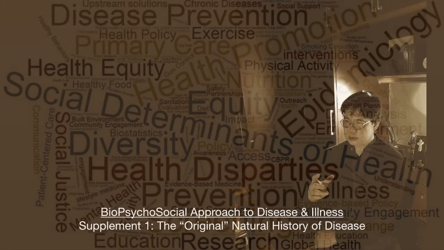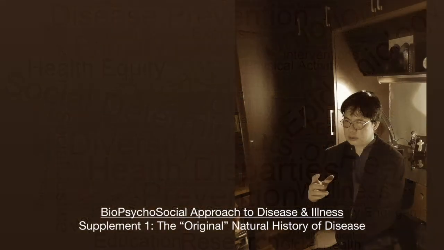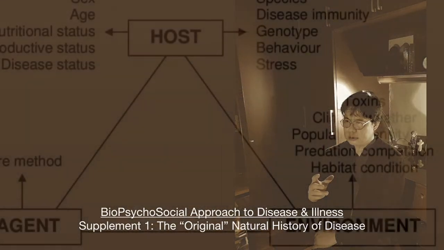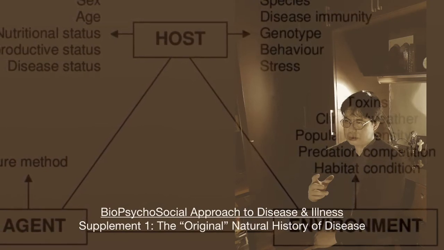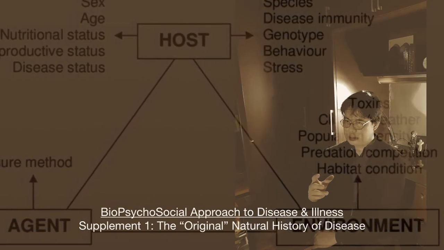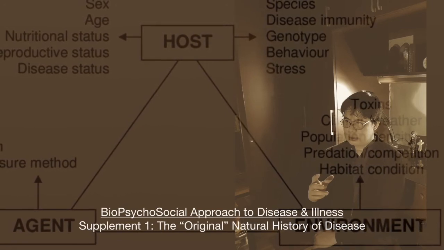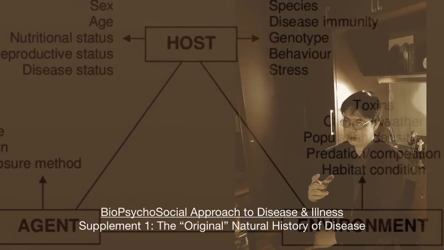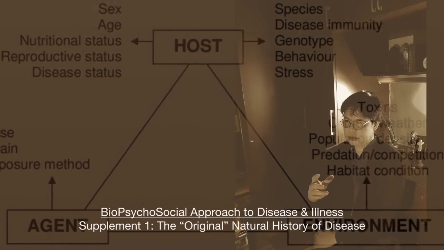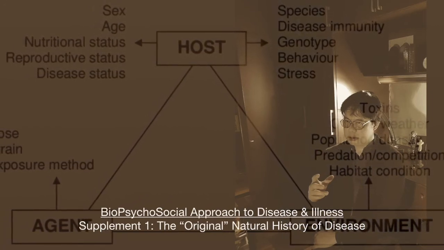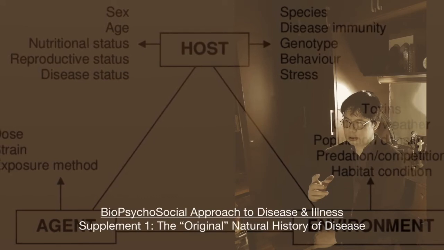Well, the first thing that you'll encounter are approaches to causation. If you're going to intervene, and you want to try to prevent stuff, then you try to figure out what's causing it. So that's causation. And for those of you who took public health, or even those of you who took medicine, you probably had this lecture about the epidemiologic triad.